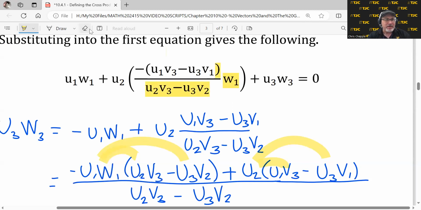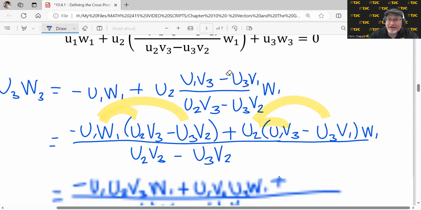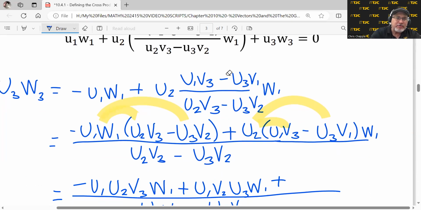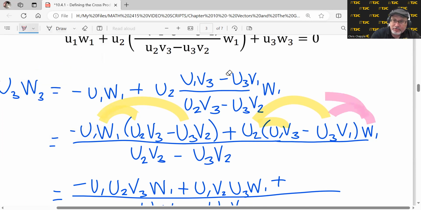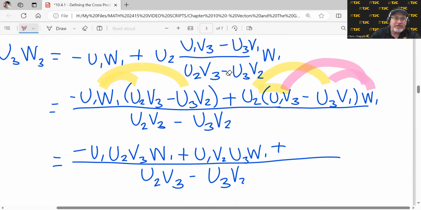So luckily we can rectify that fairly easily. We just have to sneak the W1 here, and we'll sneak it on the right side of this parentheses. And now we'll distribute not only the U2s, but the W's from the right. So we'll distribute this guy across here as well. So we're hitting it from both sides.